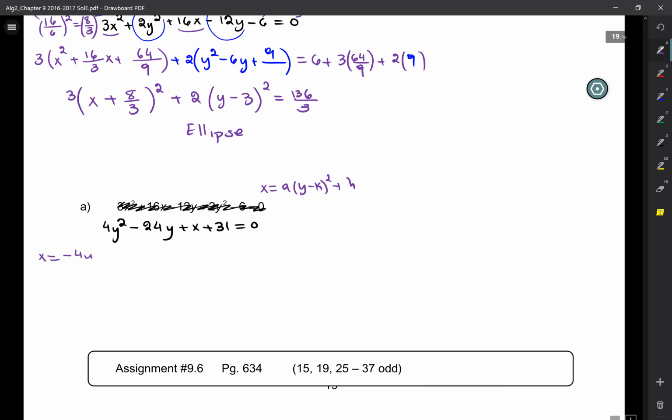So negative 4y squared plus 24y minus 31. Okay? Now, let's complete the square. X equals negative 4. I factor that out. So y squared minus 6y plus a number.